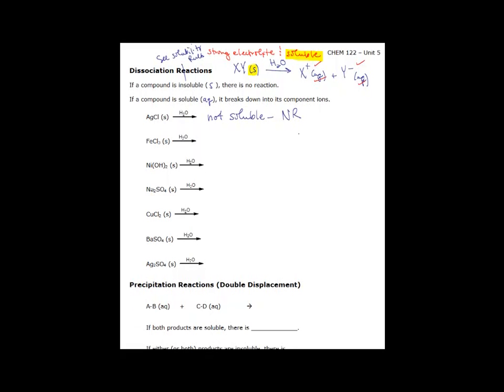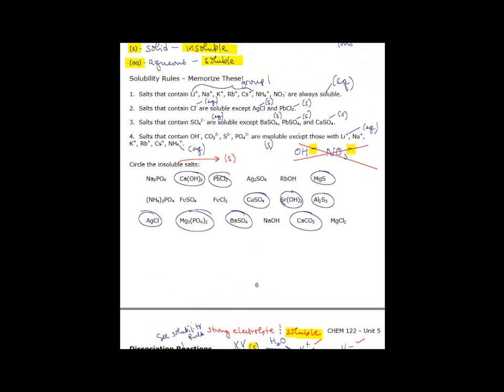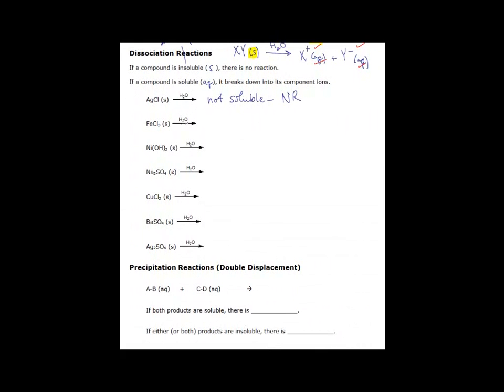Iron 3 chloride, when you put this in water, will it dissociate or ionize? Let's go back to our solubility rules. Salts that contain chloride are soluble except for silver chloride and lead 2 chloride. So since it is soluble, we will have it breaking down into its component ions.